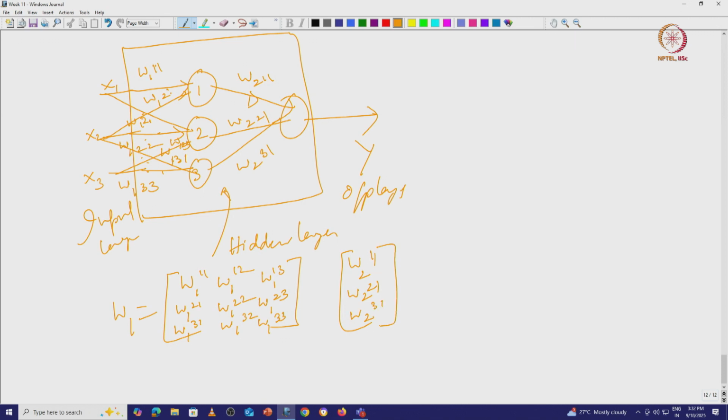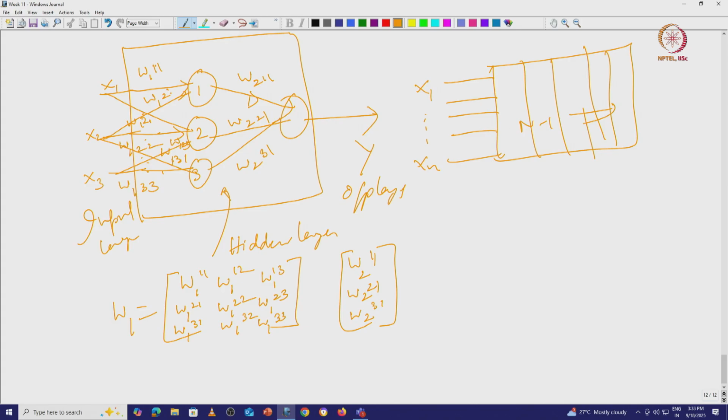Now just imagine you have n inputs x1 etc. xn, you have n minus 1 hidden layers, then you have an output. Okay. This is the only way you need to work it out, but just getting an idea how it is.